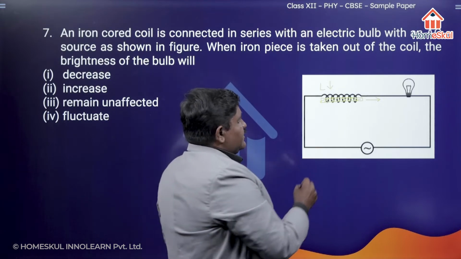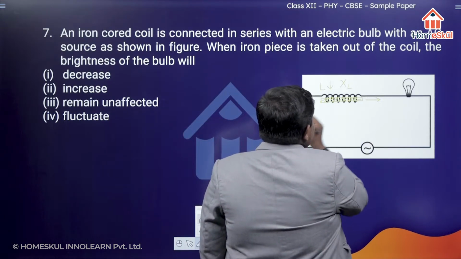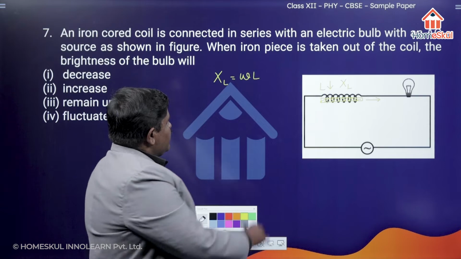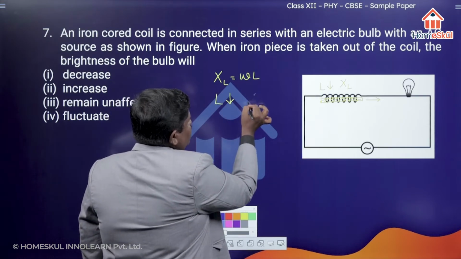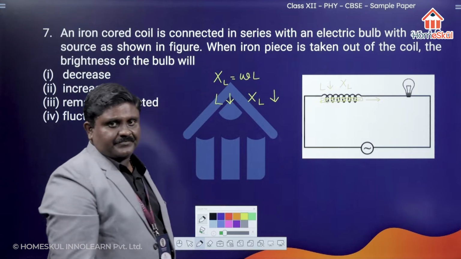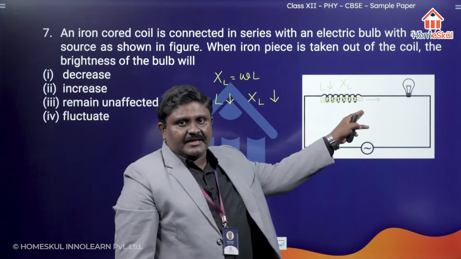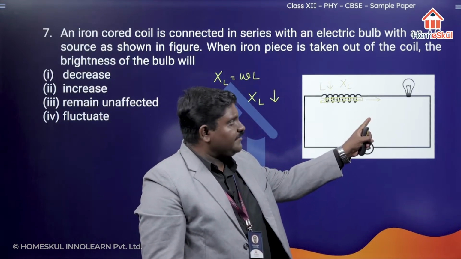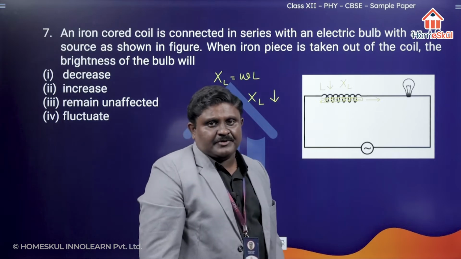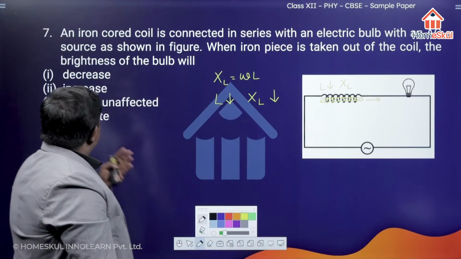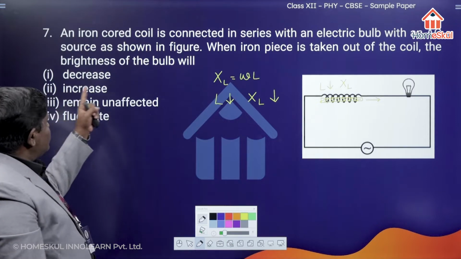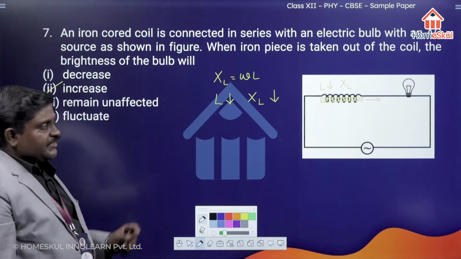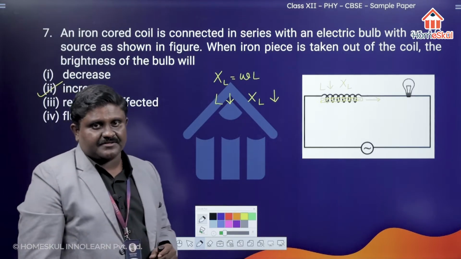So the inductive reactance XL, given by XL equal to omega L, if L is decreased, what happens to XL? XL is also decreasing. That means the resistance of this coil will be decreased. If the resistance decreases, the current will increase, so that the bulb will glow brighter. So what happens to the brightness? It will increase. So option 2 is the correct answer. Clear?